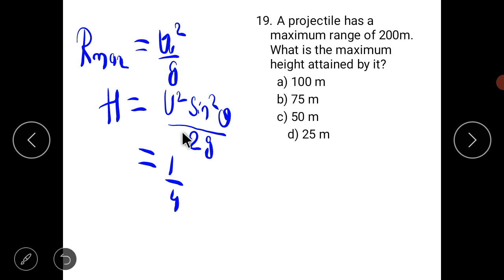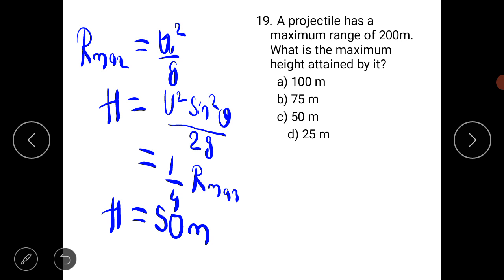The remaining is V naught square by g, which is R maxima. R maxima is given as 200. So 200 upon 4 is 50 meter. So option C is the correct one.